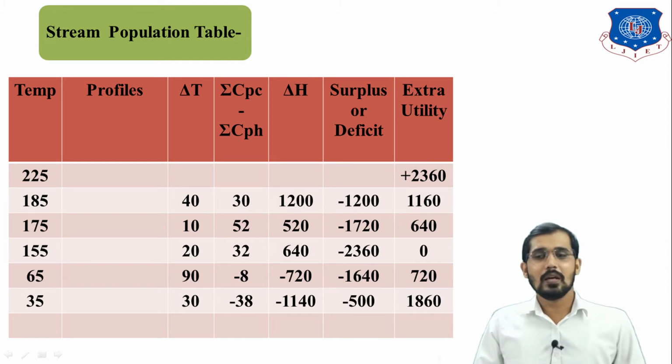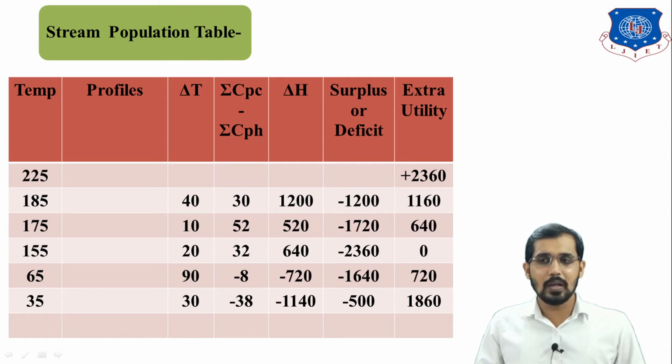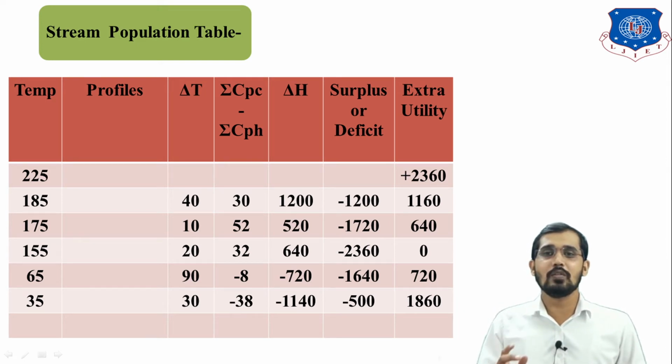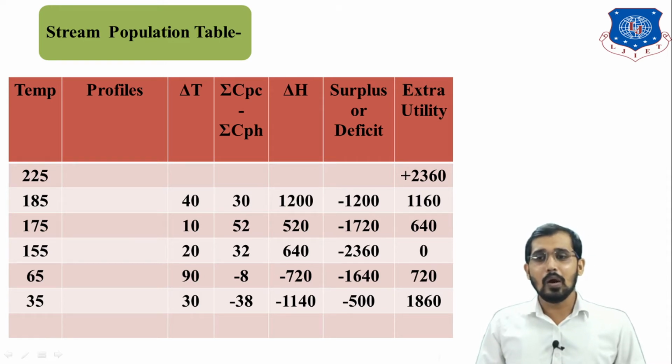So the first step is to write, in the stream population table's temperature column, all temperatures in decreasing order, but these values should be shifted temperatures, meaning we have removed 5 from the hot stream and added 5 in the cold stream. We have to use that data only. Done. After that, how to draw this profile?